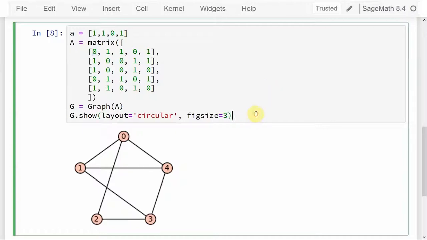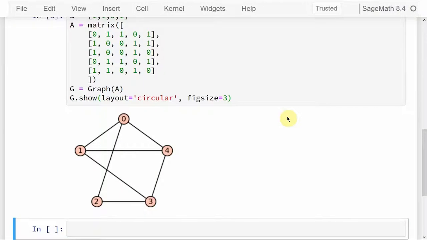So the exercise is, given a 0, 1 vector, generate its Steinhaus graph.